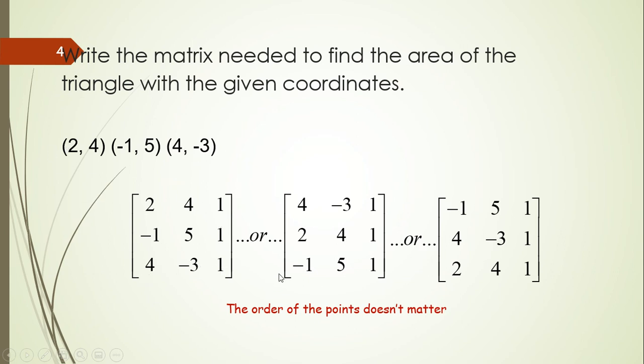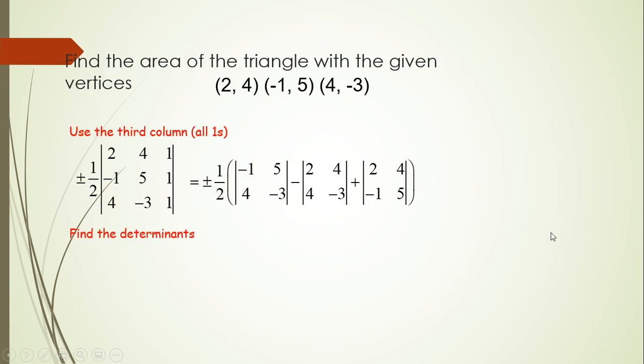Or I could mix up the rows any way, it doesn't matter. So let's take these 3 points, and we'll use that first one, 2, 4, 1, -1, 5, 1, 4, -3, 1, and we're going to take half of the determinant, plus or minus. So I'm going to use column 3, the one that's got all ones. That's going to be easiest.